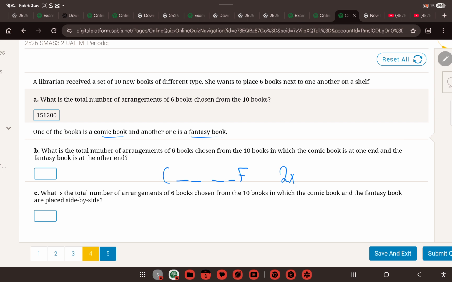And since these 2 are fixed, we do 10 minus 2 books, which is 8, permutation 6 minus 2, 4. You should get 2 times 8 permutation 4, which is 3360.